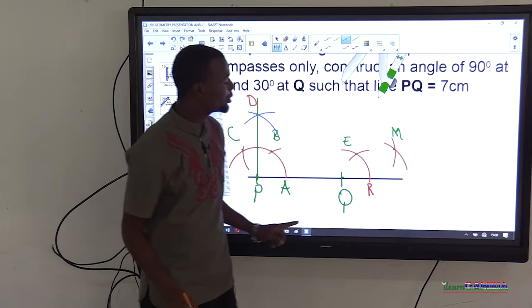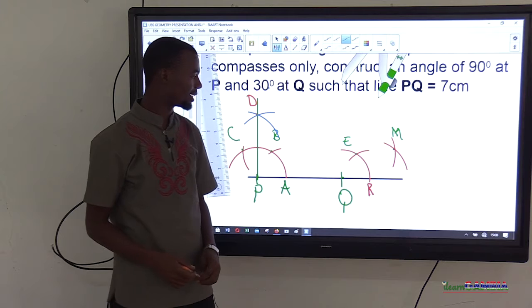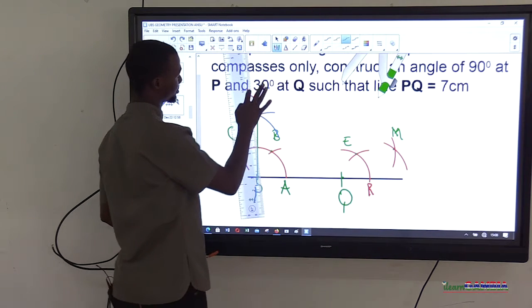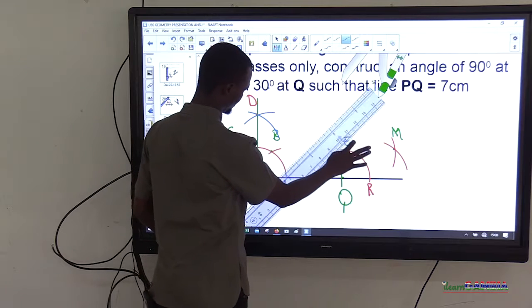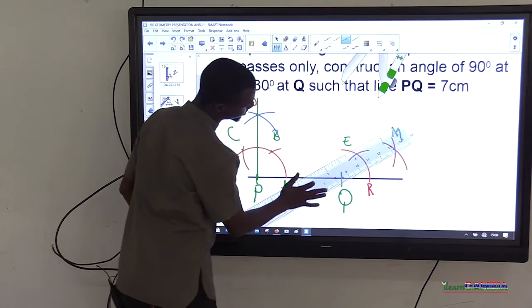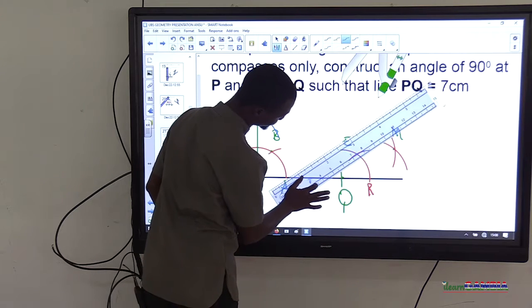Now we will join QM to have the 30 degrees with a ruler. So we join QM to have the 30 degrees.